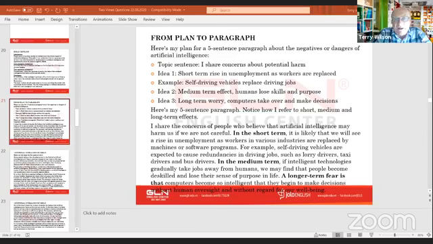So the first topic sentence: I share concerns about potential harm. Idea 1, a short-term rise in unemployment as workers are replaced.